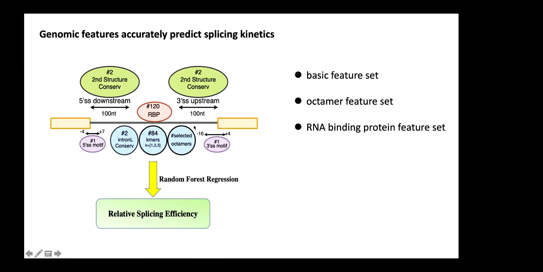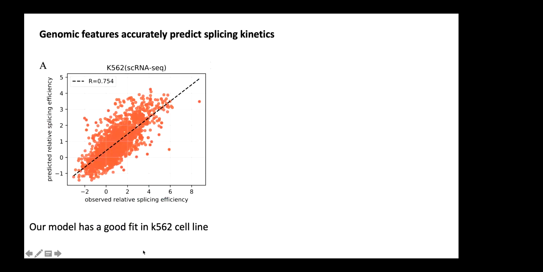All of these features can be fit into the random forest regression to predict the relative splicing efficiency. From this picture, we can see our model has a good fit in K562 cell line.